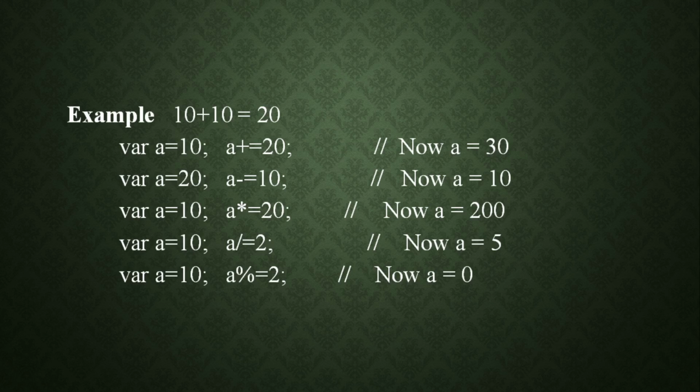What is the value of a? 10. And the plus value is 20. Now the resultant value is 30. Similarly, 20, a minus equals 10, the result is 10. Similarly, a equals a into 10 or a into equals 20. Similarly, division and modulo operations.